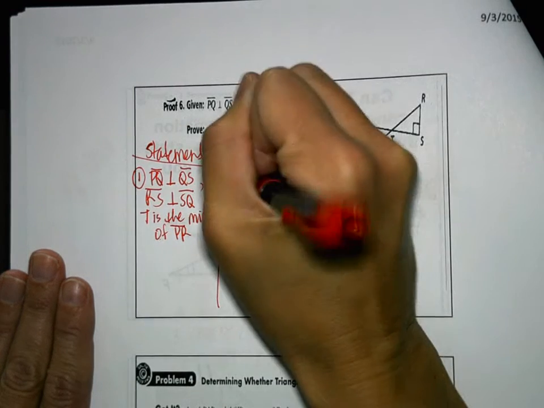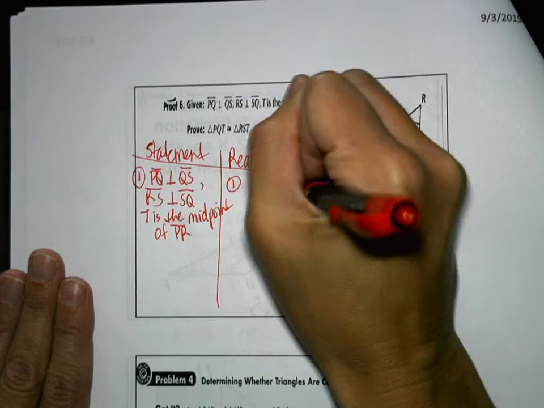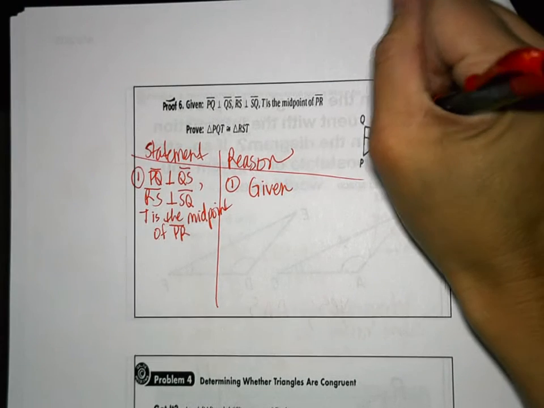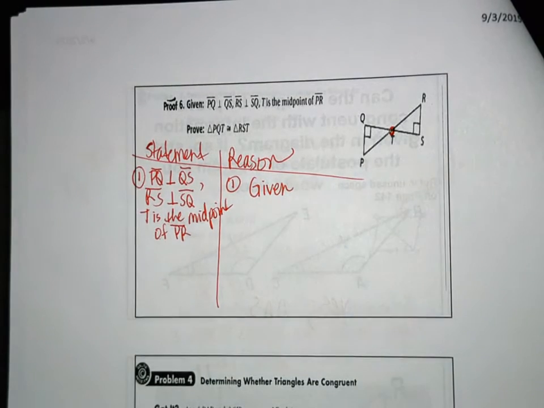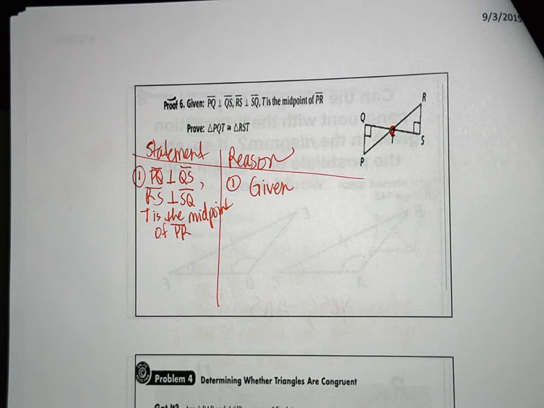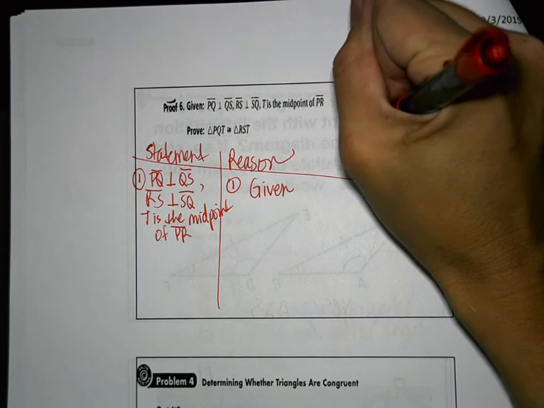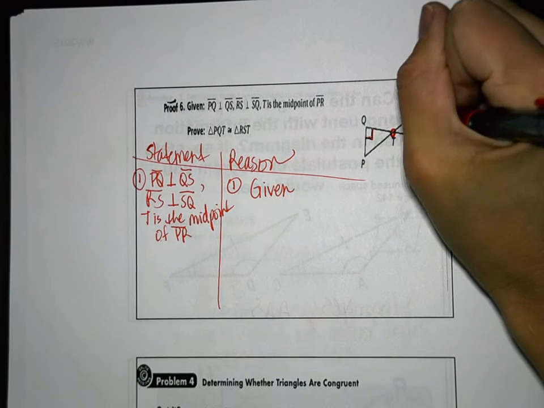And that is all given. So I'm going to make a point right here because of the midpoint. Okay, now they put these 90-degree angles in here, but we have to talk about the 90-degree angles.